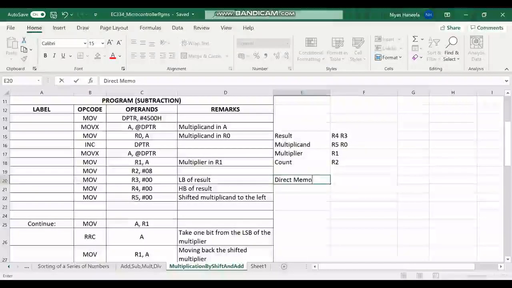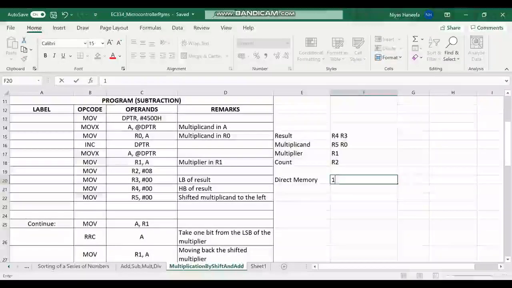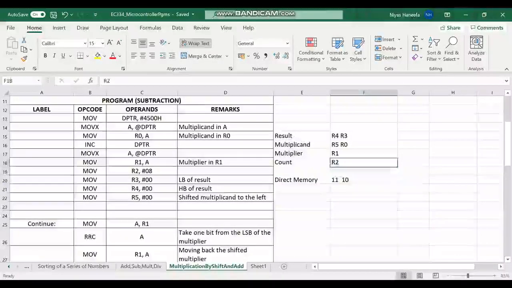The register bank from 00 to 07 is bank 1, and 08 to 0F corresponds to register bank 2. So you can have, maybe, the 11 location and 10 location, where your result is going to be saved. So instead of R4 and R3, you can have 11 and 10.